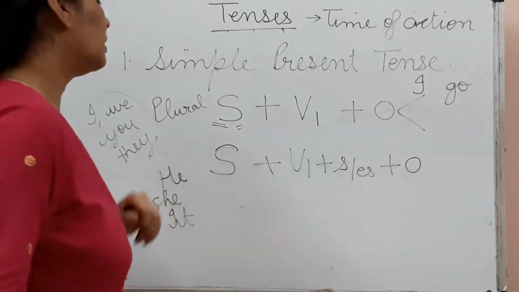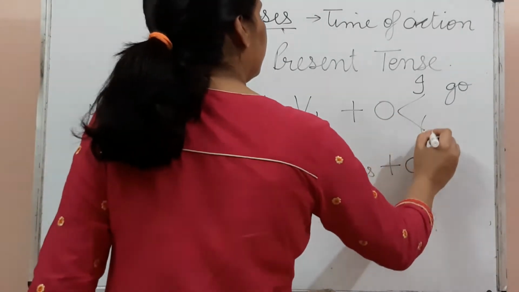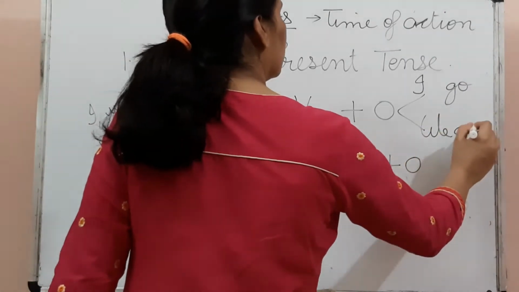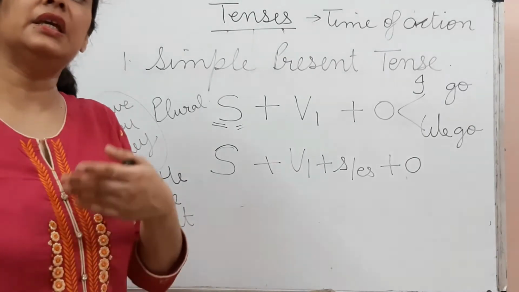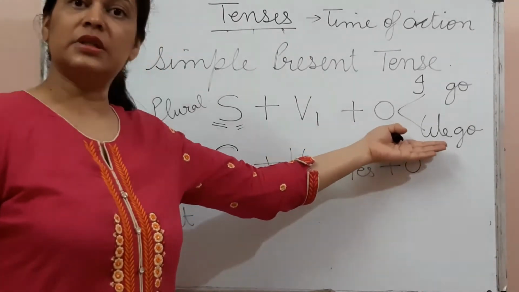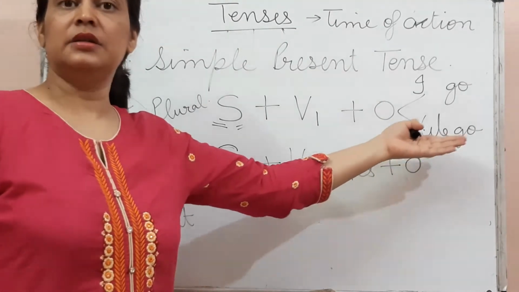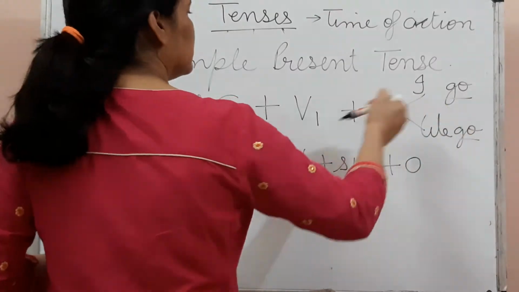That is a plural subject. Another one we can use here is we go to the market, or we eat ice cream. We kill tigers. So this is V1 and this is also V1.